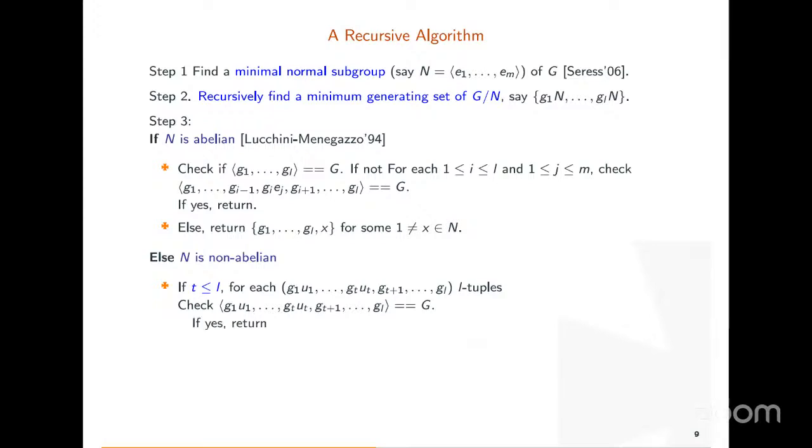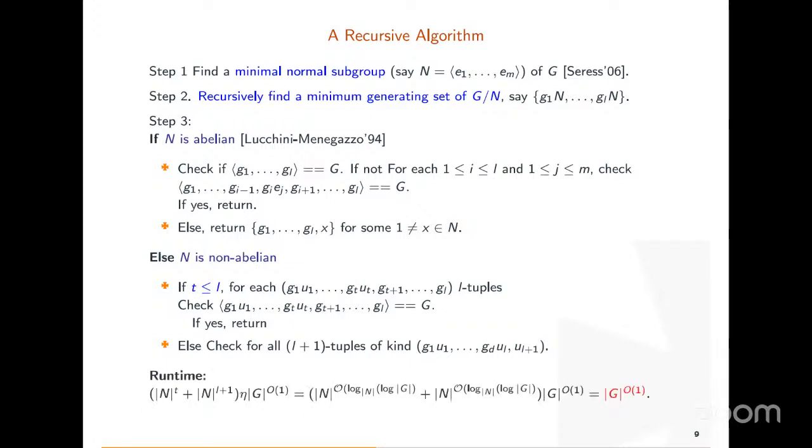But what if T is not less than or equal to L? So here what we have shown is that in this case, d(G) will always be bounded by L plus 1, and L plus 1 is bounded by T. So we can afford to try all mod N to the power L plus 1 many tuples in this case. So that is giving us a polynomial time algorithm.